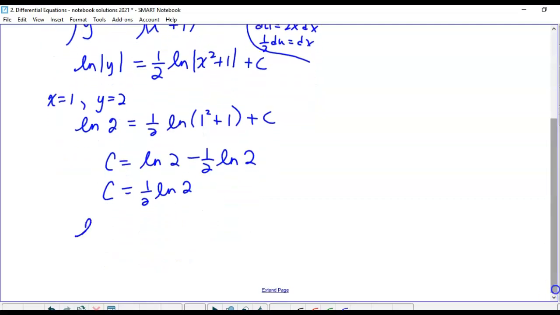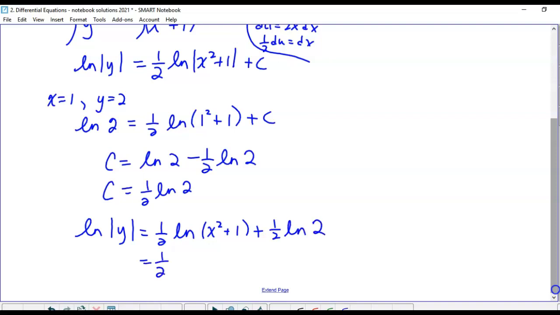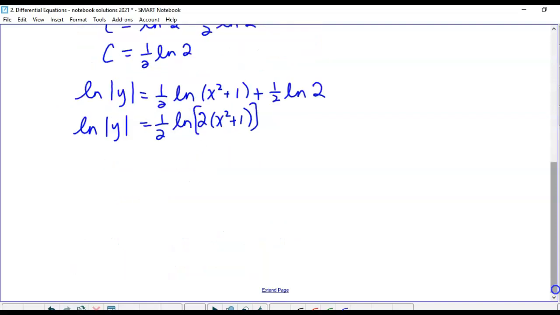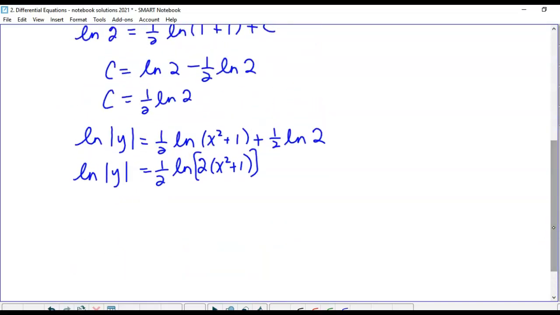So back to your equation. Substitute c in. We can simplify that. That's got a common factor of a half. And then you're adding logs with the same base, so you can multiply the arguments. And then, really using your log laws, that's going to be the square root of 2 times x squared plus 1.